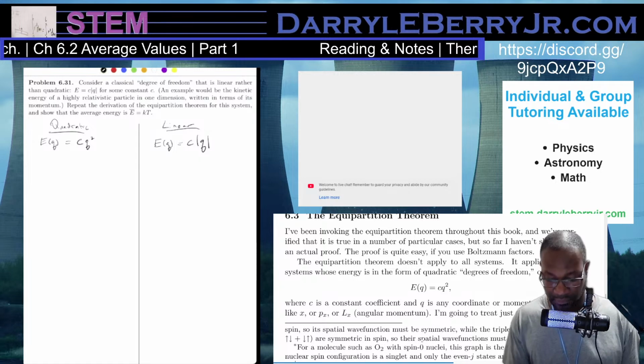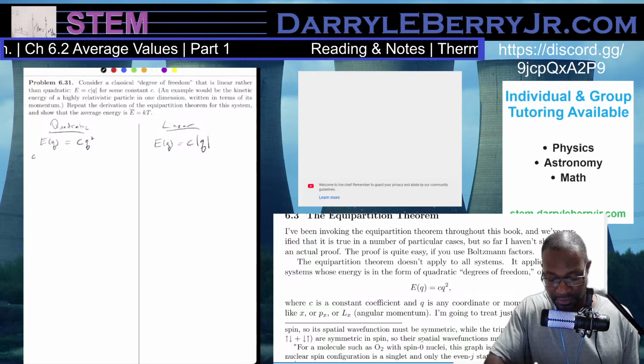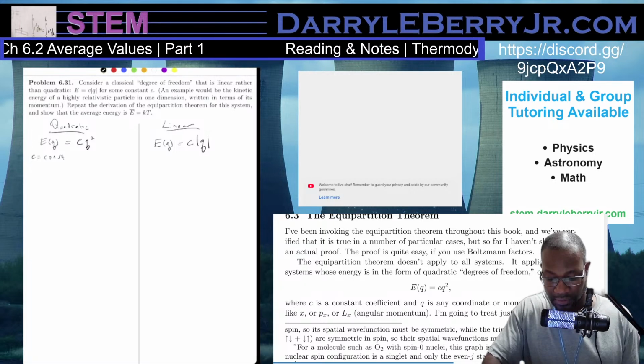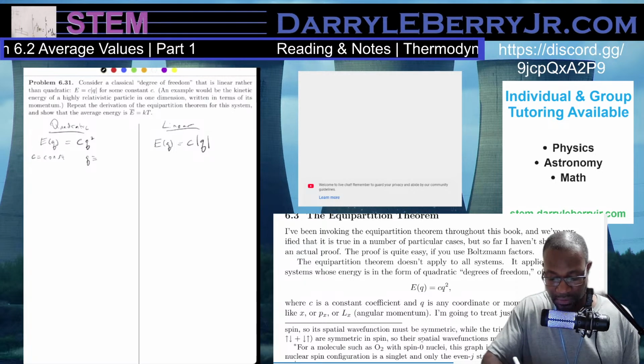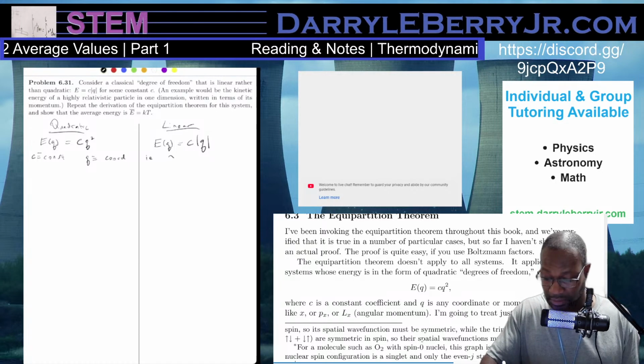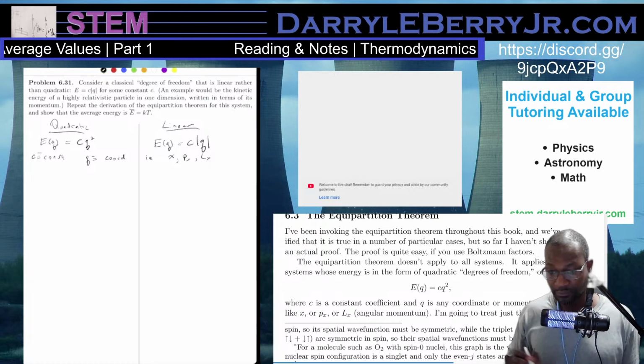C is a constant, and q is a coordinate, i.e. x, theta x, L x.